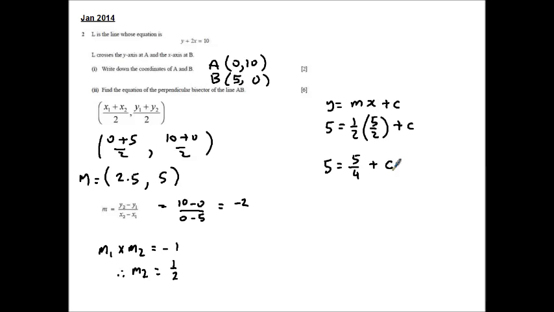So I've just simplified that step. Common denominator is going to be 4, so 20 over 4 minus the 5 over 4 gives us the c value, which is 15 over 4. And then put the equation together, making sure you give the answer in the form that they ask for.